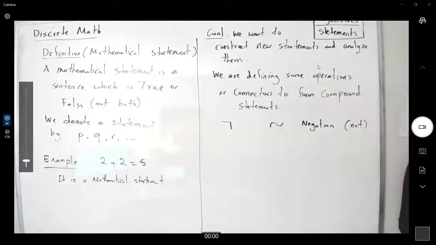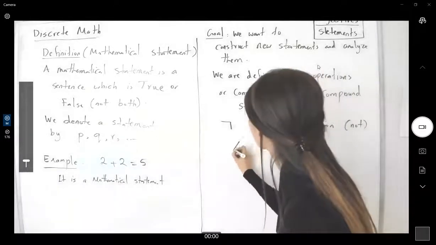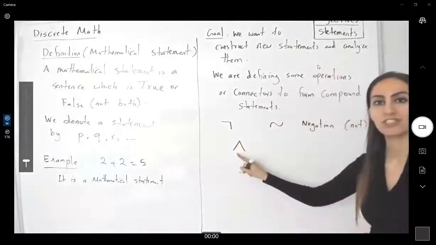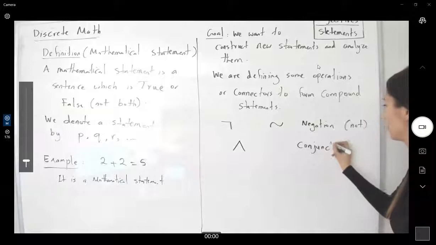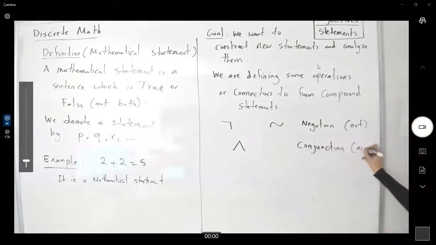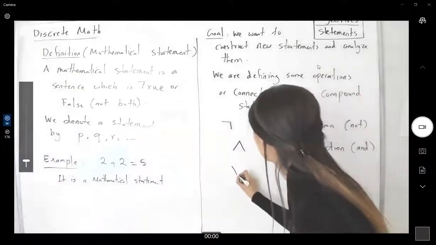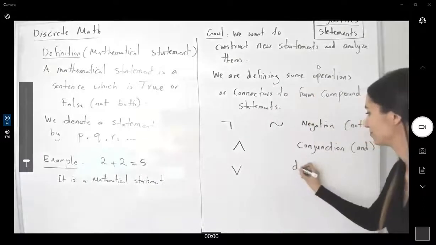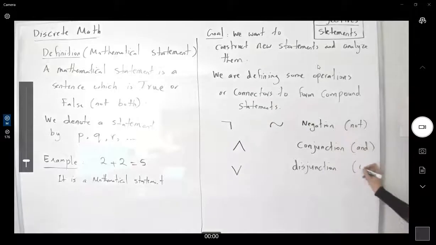Another connector is called conjunction, or wedge operator, meaning and. Upside down wedge is disjunction. We read it as or.